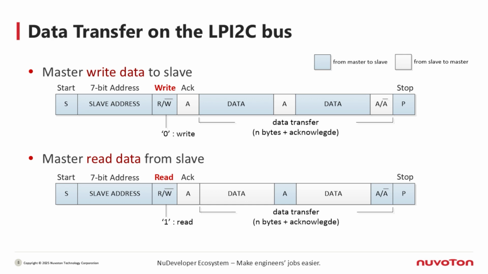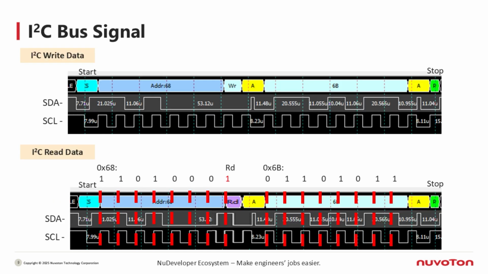Here we have an actual I2C signal waveform. Every bit on the SDA line, including the address, the read-write bit, and the data bits, gets latched on the rising edge of SCL, or while SCL is high. For example, if the master wants to write data to the slave, you'll see the read-write bit is 0, indicating a write.